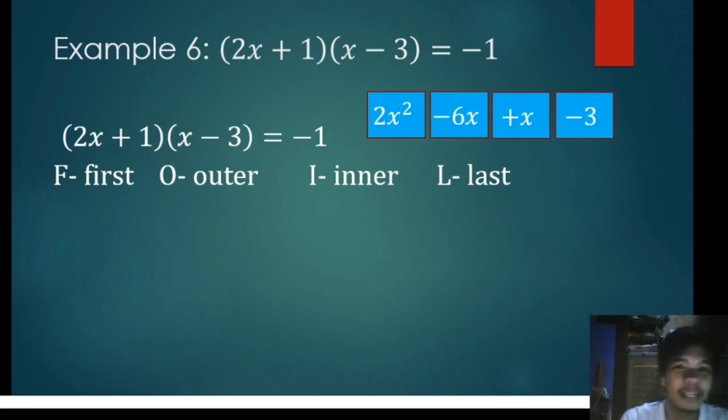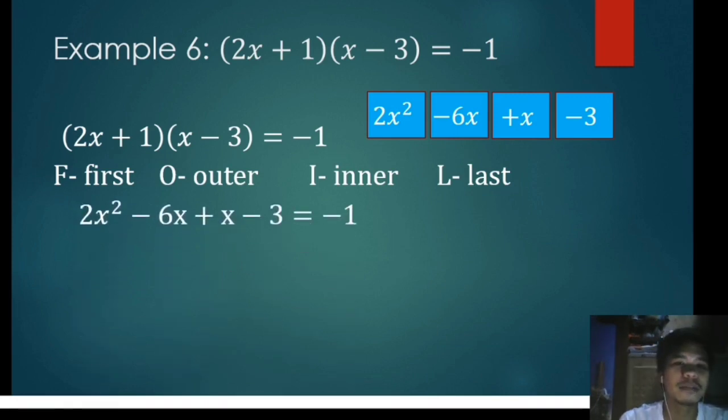After applying the FOIL method, all we have to do is write the expression on the left side of the equation. So that is 2x squared minus 6x plus x minus 3 equal to, copy the constant term, negative 1 at the right side of the equation. Again, we can observe that we have two linear terms, which are negative 6x plus x.